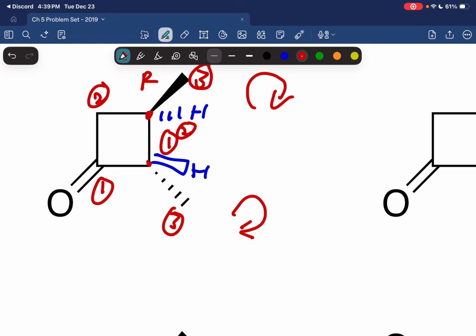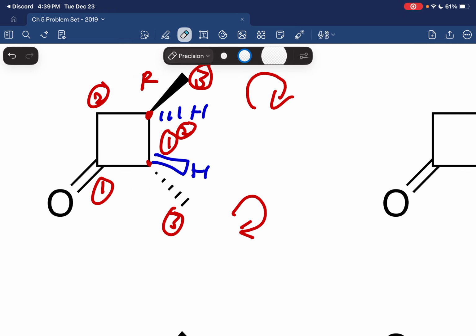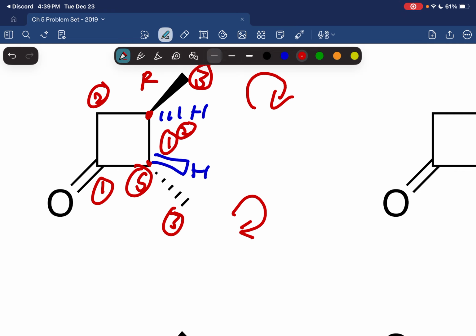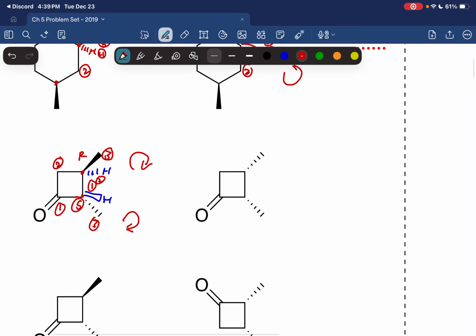So this would give us an R, but, oh, see, flip because of the hydrogen, so this would actually be S configuration. Also, by the way, I forgot to mention, these are stereoisomers.